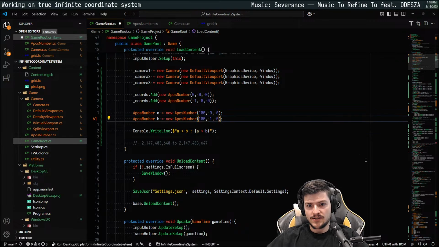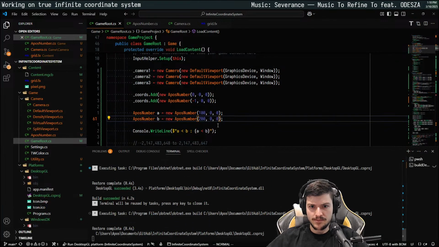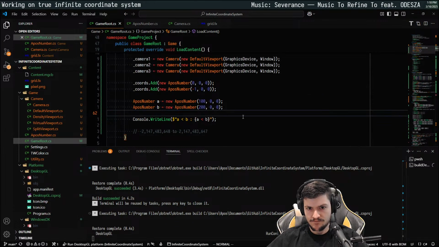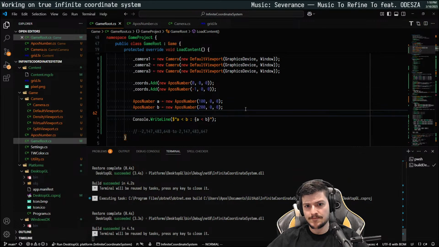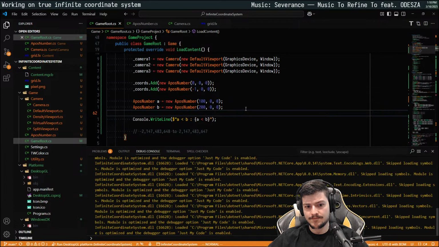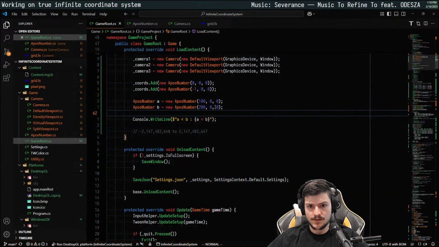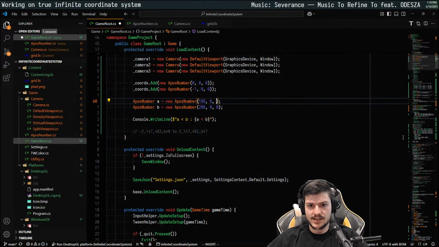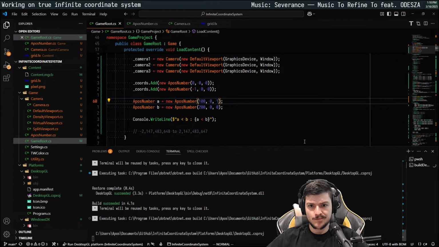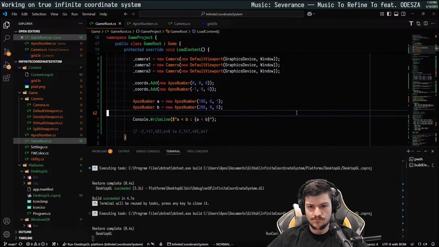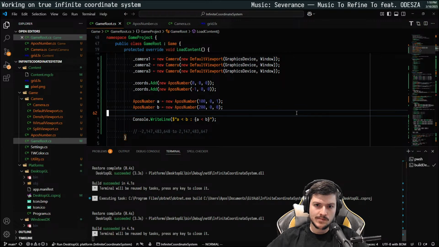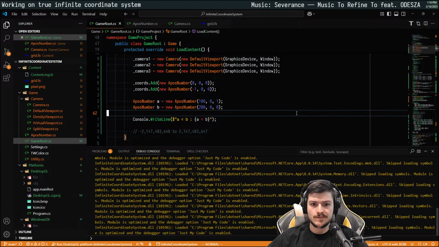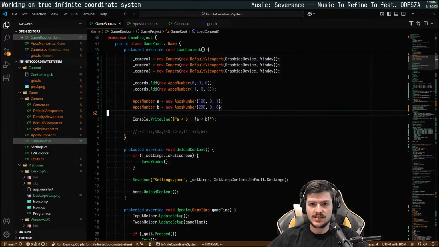So 100. Okay, so A is smaller than B. True. What about if the skip is 1? Nice.